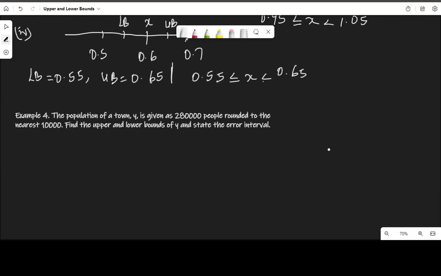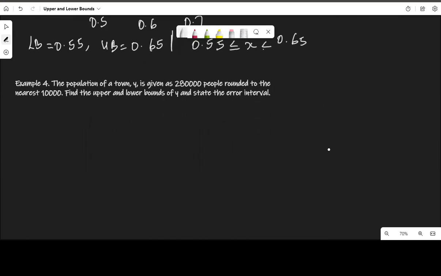Let's move on to question number 4. It says the population of a town Y is 280,000 people, rounded to the nearest 1,000. Find the upper and lower bounds of Y and state the error interval. Okay. Again, I'm going to represent this on the number line. This is my number line.